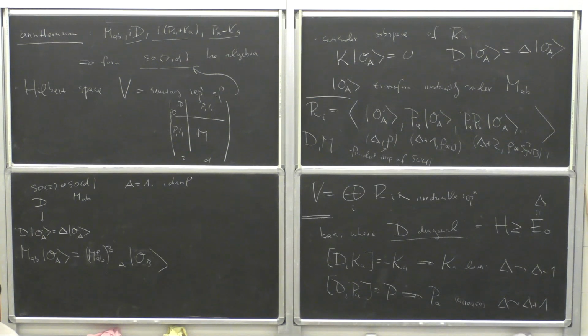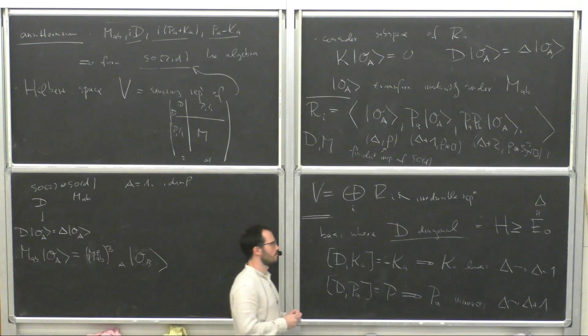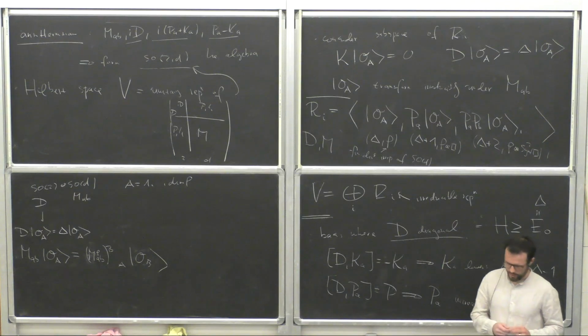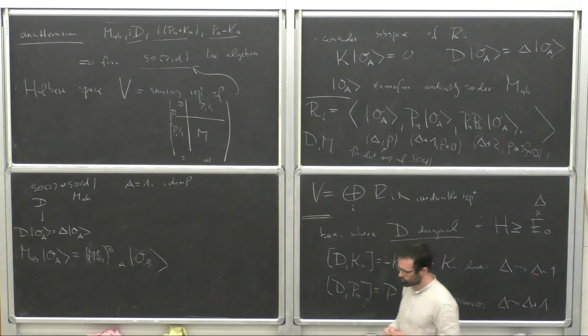It's the same as saying that, as you said, we can always find the basis in which D is diagonal. It's a general fact about unitary representations that you can always diagonalize all the operators.